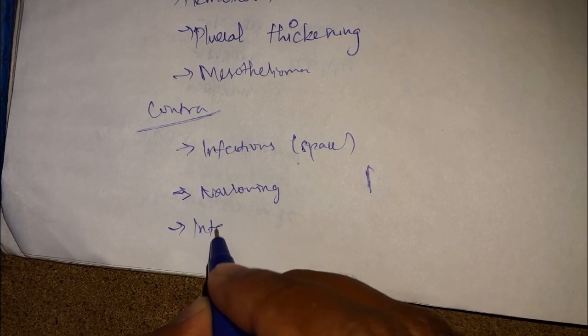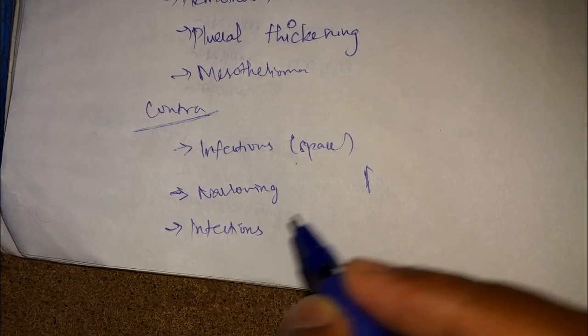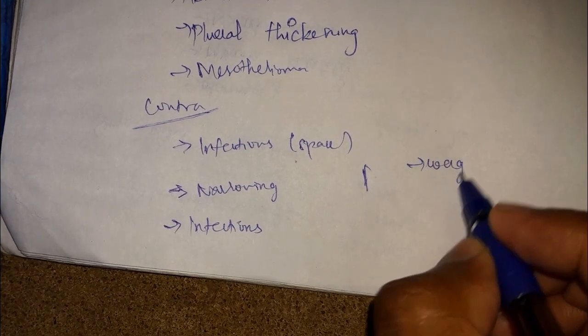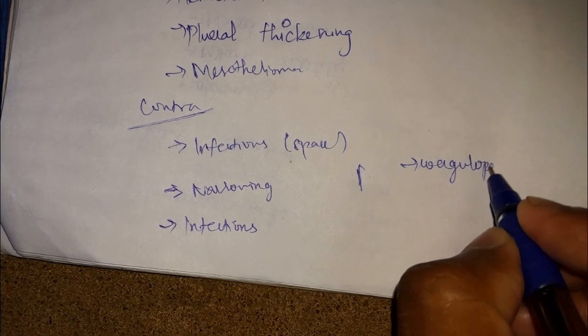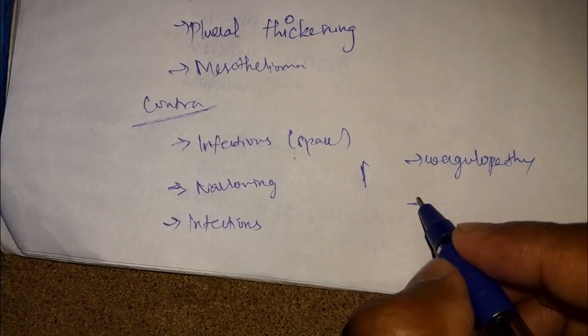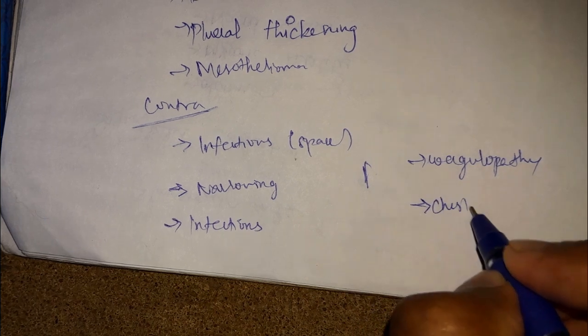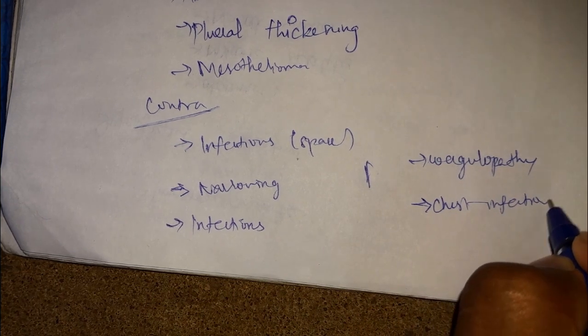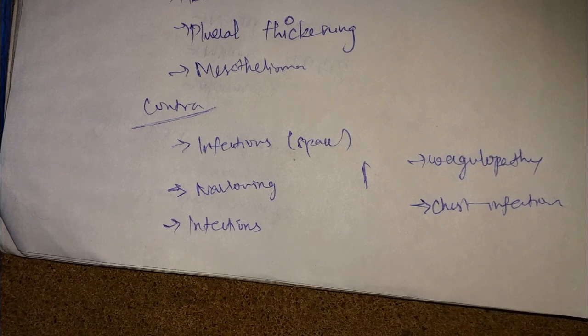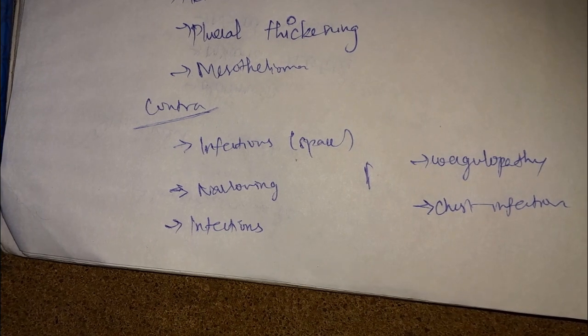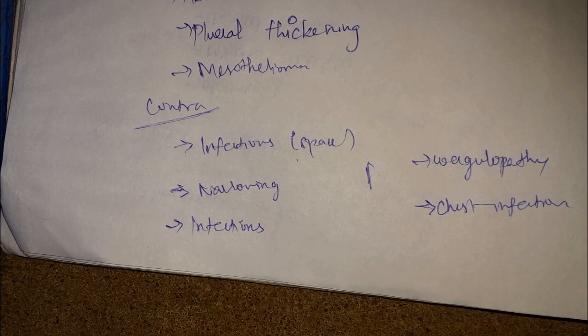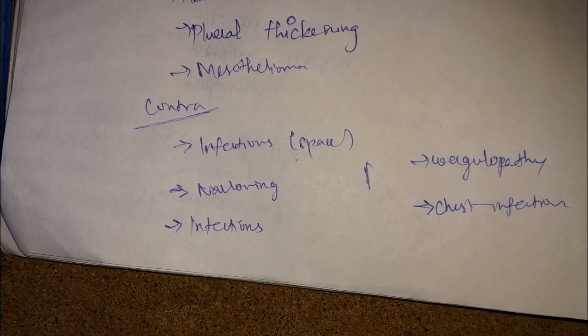Uncontrolled infections, any lung infection, or any coagulopathy, any clotting problem, we don't do. If there is an infection in the chest wall, we don't do it. The person having infection in the lung, chest wall, or any other part of the lung, we don't do it. The person having a coagulopathy, we don't do it. Those are the contraindications.